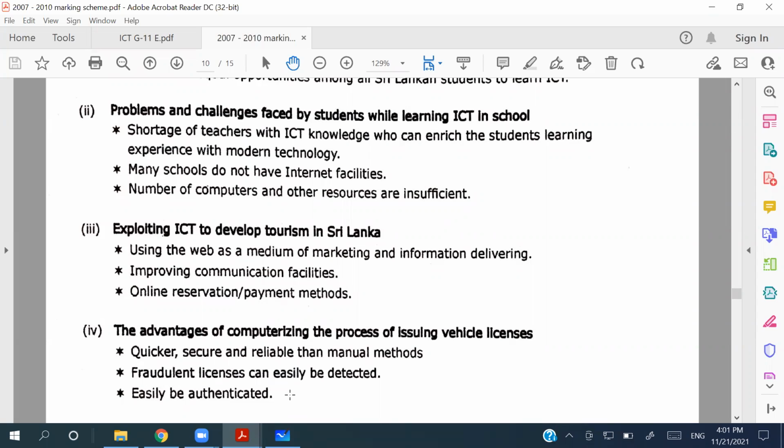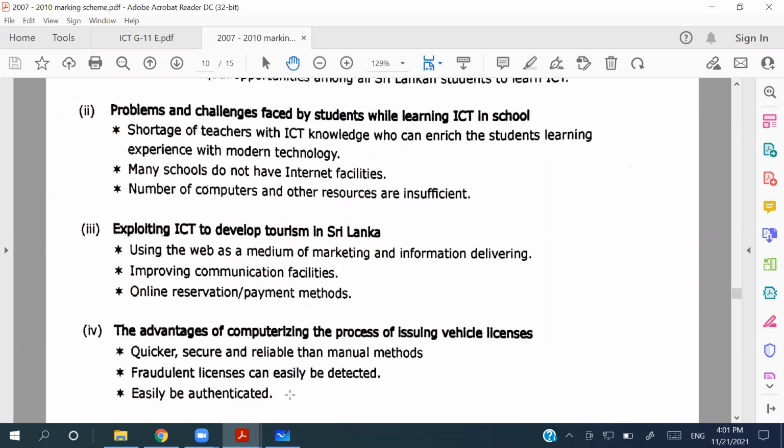It can easily be authenticated. Since it is happening through a system, it is a very systematic way of doing things, right? So you can go for those kinds of explanations. You are required to write only 3 topics, right? So you will get 4 marks for each topic.